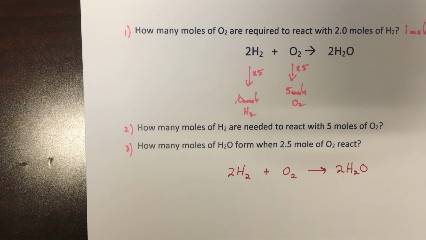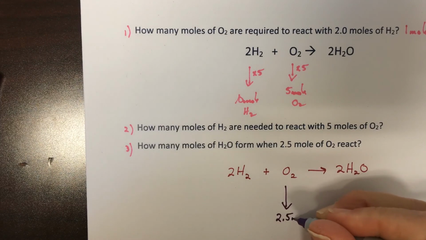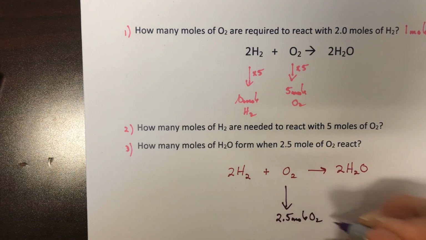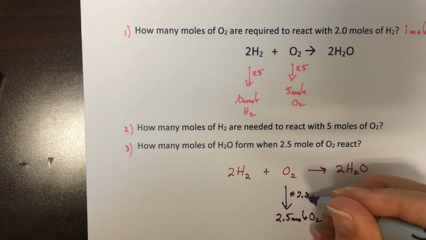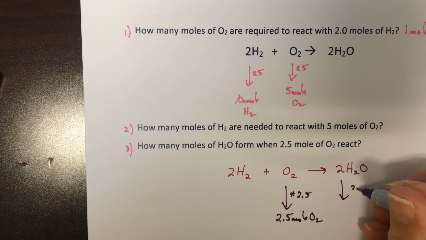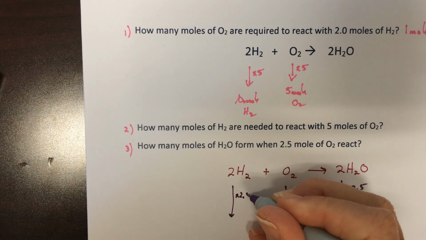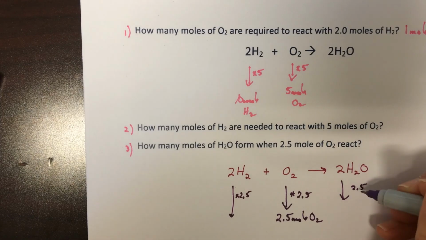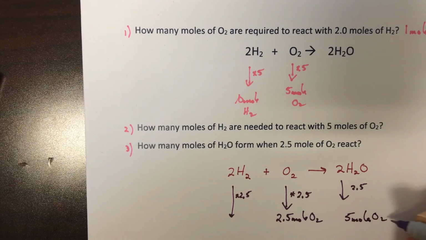And we're wanting to react 2.5 moles of O2. So we'll have to multiply this by 2.5, multiply this by 2.5, multiply this by 2.5. So 2.5 times 2 will give us 5 moles. So that's the recipe method.